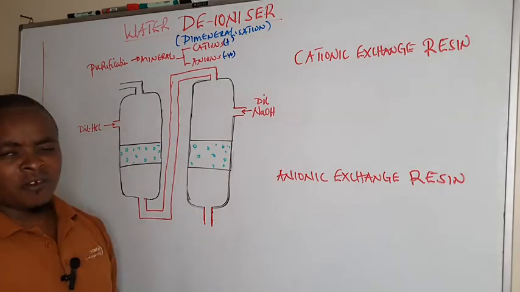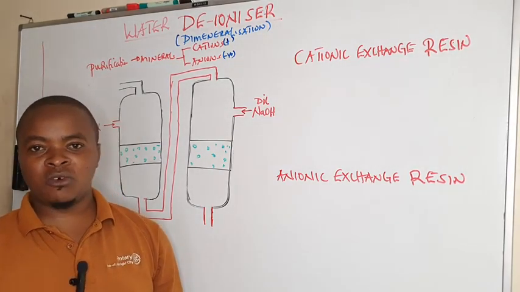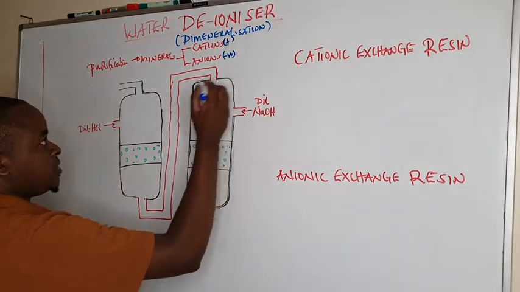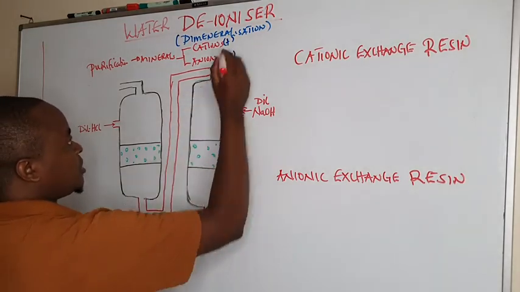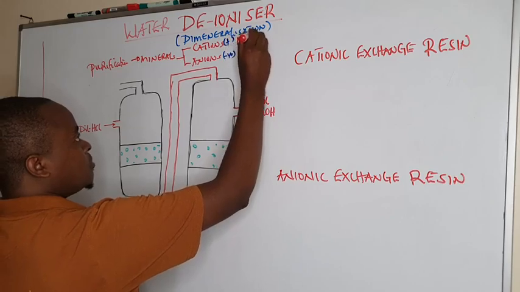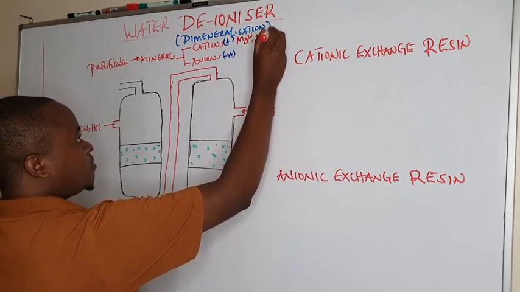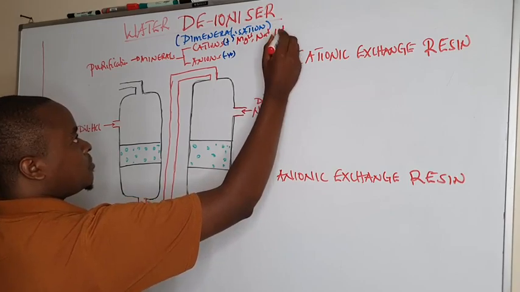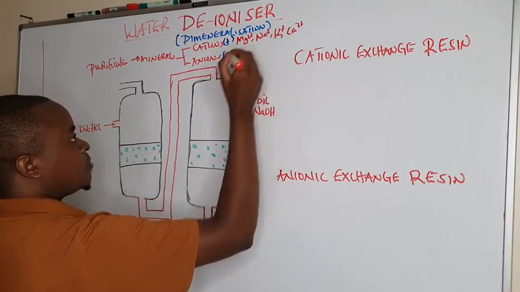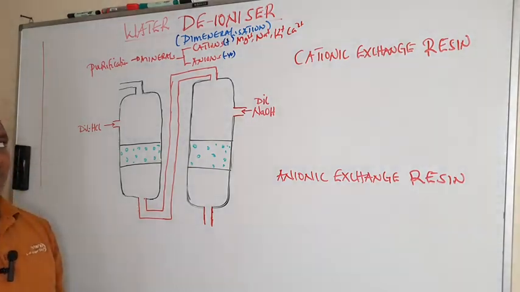Some of the minerals which can be found in hard water include magnesium, sodium, potassium, calcium. All these are cations.